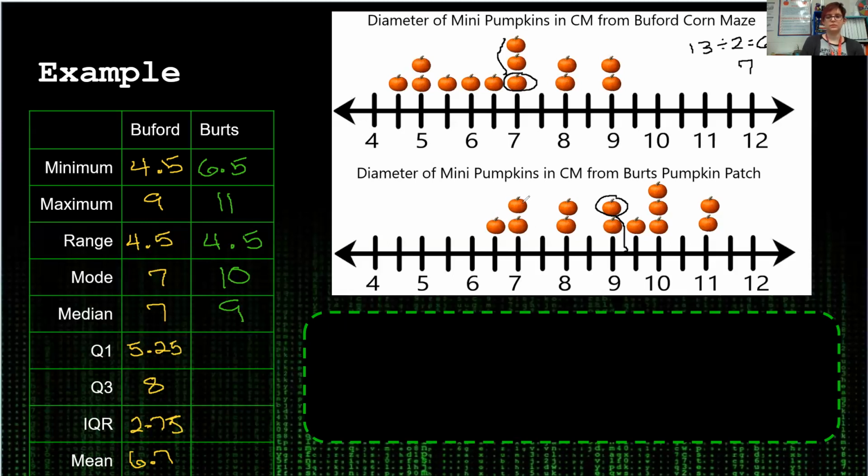So 1, 2, 3. So that's between 7 and 8. So that's 7.5. My Q3 is between my 3rd and 4th pumpkin. So 1, 2, 3. That's between 10 and 10. So 10. The IQR is 2.5.